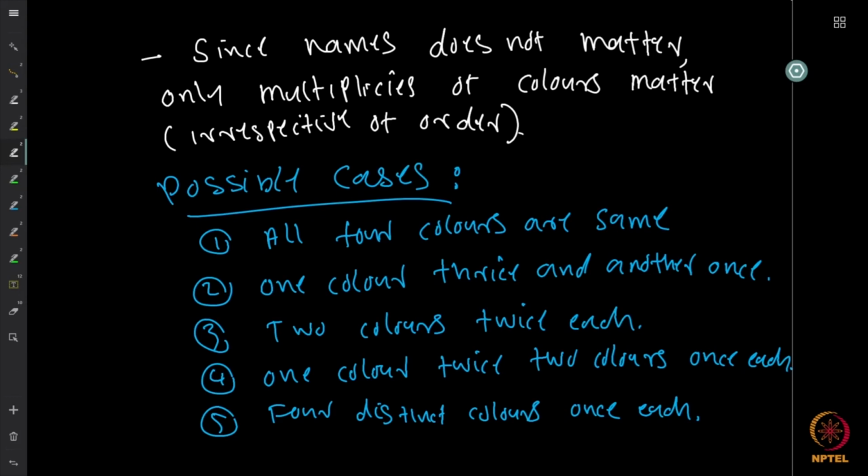Then two squares are given the same color, and another two squares are given the same color, using two different colors. Then one color appears twice, and two colors are appearing only once. Then all four colors are distinct, right? So these are the possible cases, and there is nothing else, as one can easily verify.